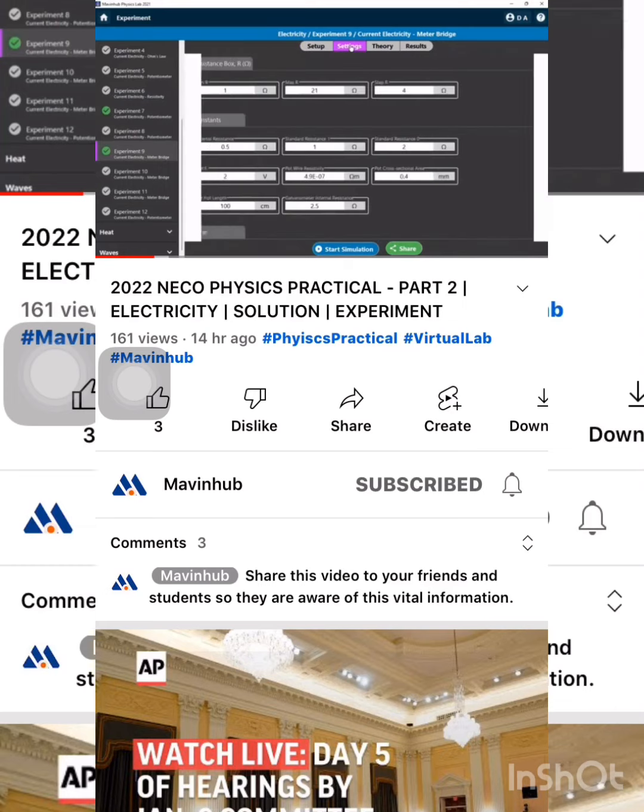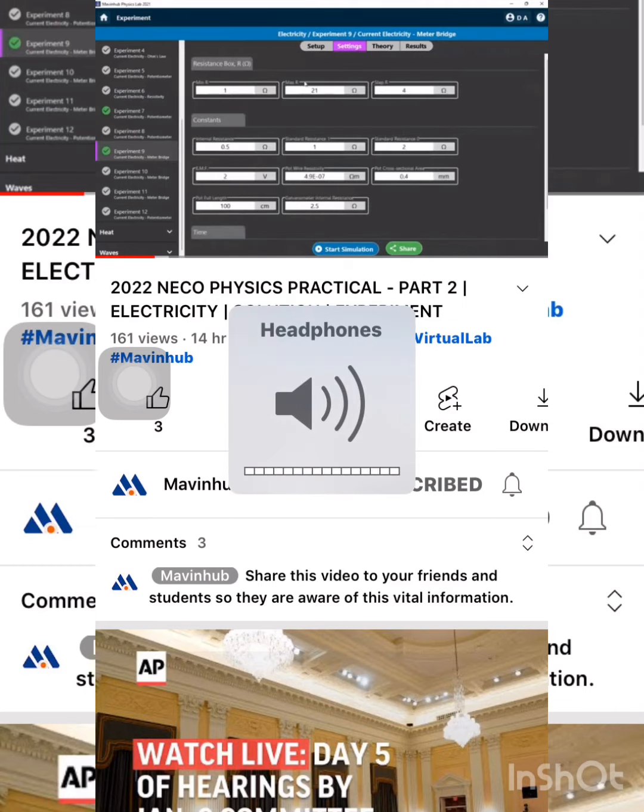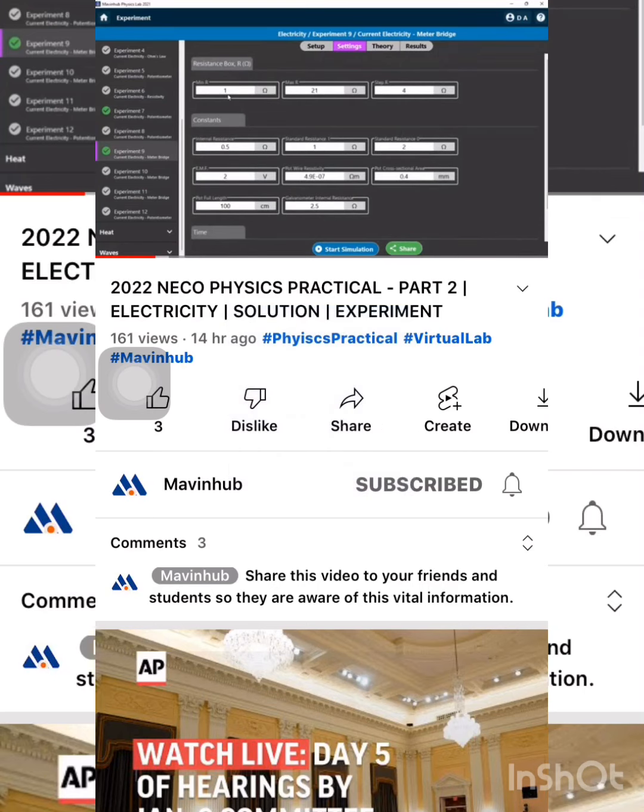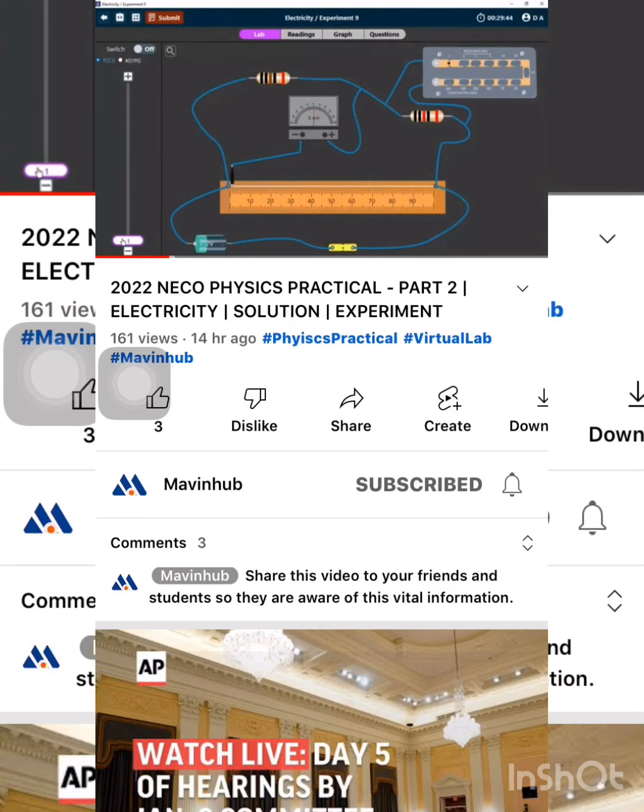So the first thing I want to show you is the setting. You can change the setting and see how the results will change. But for this particular demo, a slider on the left, if you take this up, you increase the resistance on the resistance box. Then if you want to move the jockey along the galvanometer wire, you switch to X here.